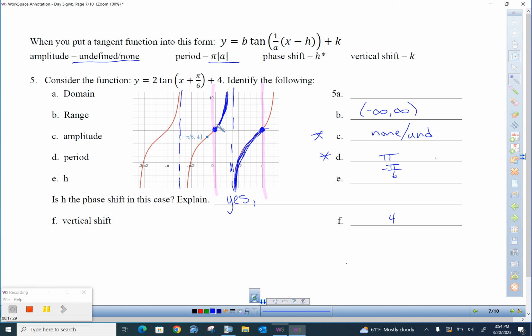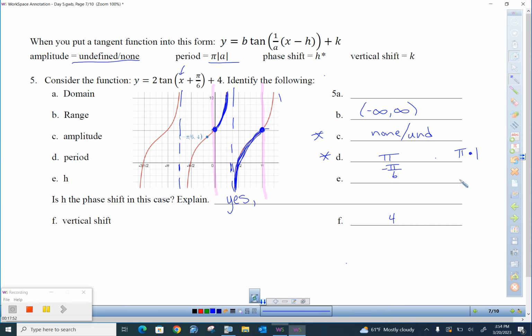Okay, that point is in the same position of the curve, which means that is one period. Okay, if that's not happening, sometimes we can see it from the graph, and sometimes it's easier to go with the equation. So with the equation, what you're going to do is take pi times the reciprocal of what you see in front here. Our number is 1, reciprocal is still 1, and we can find it that way as well. So sometimes it's nice to have the equation to use for that.